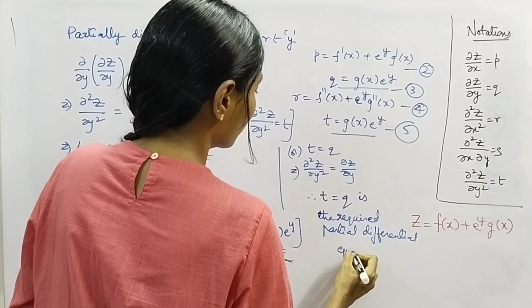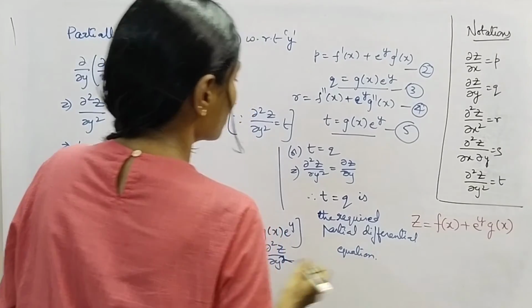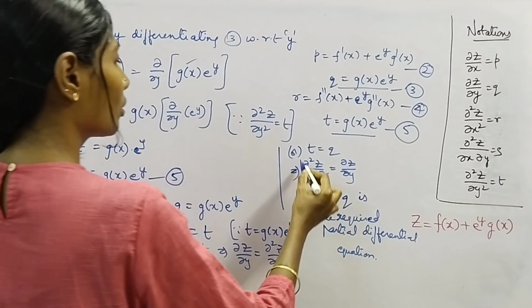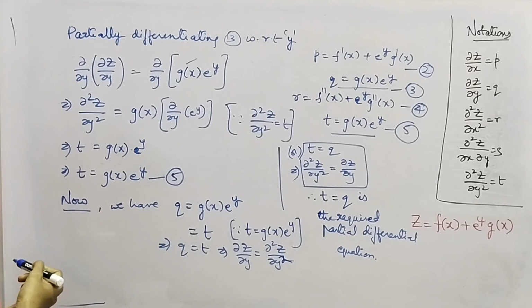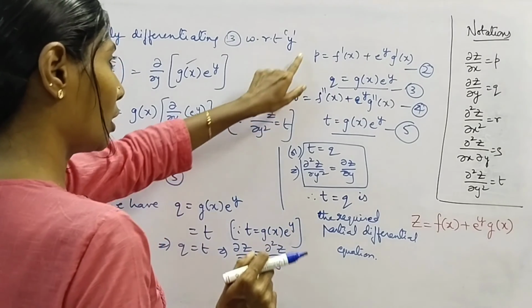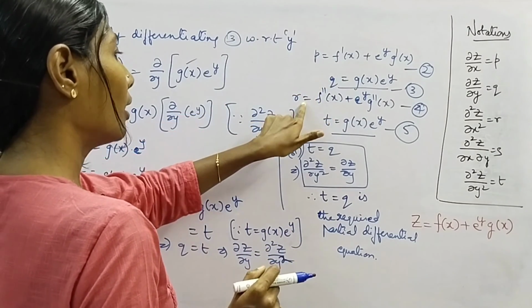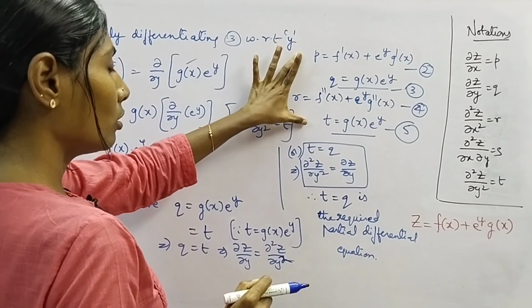Or you can say dou square z by dou y square equal to dou z by dou y is the required partial differential equation. All you need to do is find p, q, r, t, and observe all this.